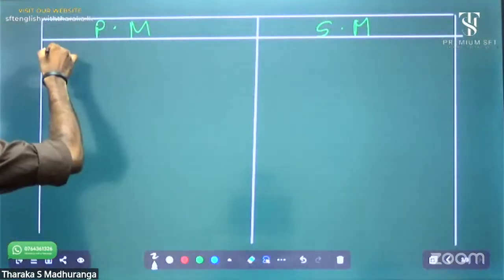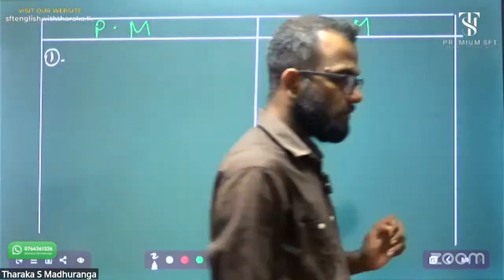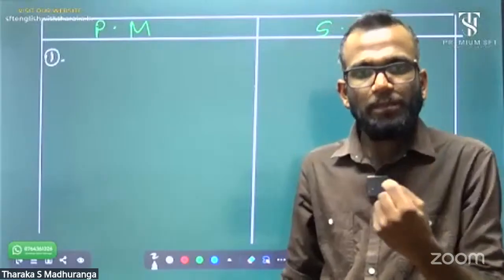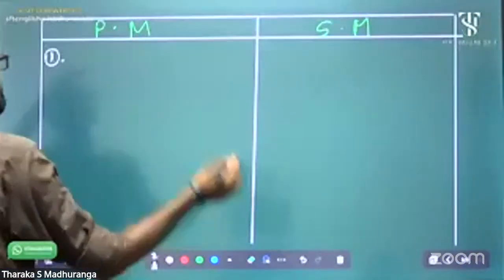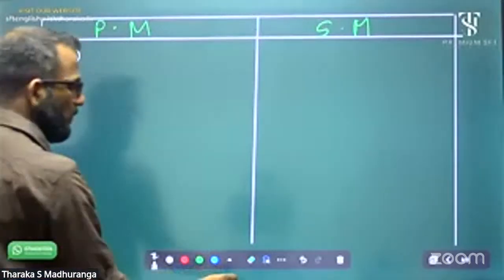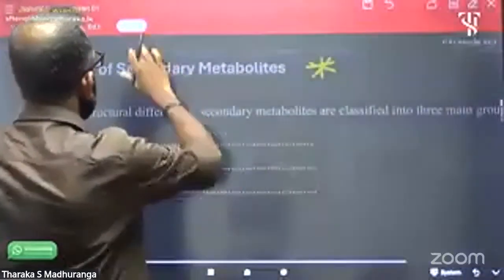What is the first difference? Primary metabolites are directly involved in growth, development, reproduction, and survival. It is given in the tute as well.